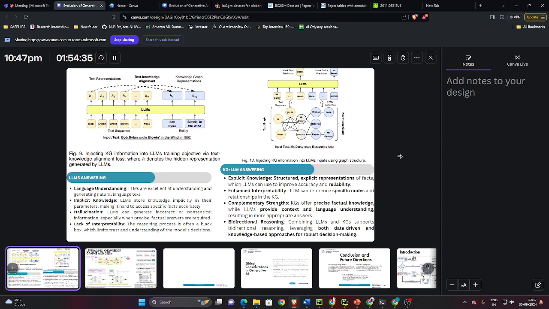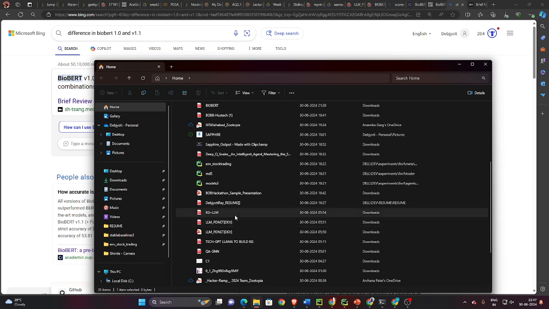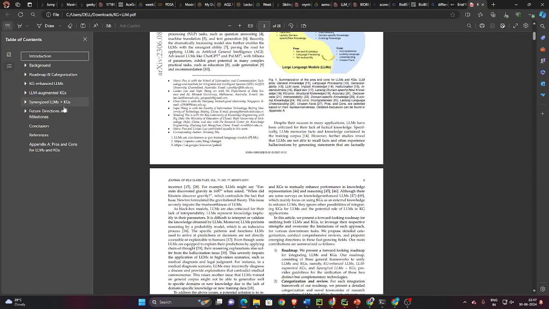We want to build a specific application which we can interact with more like ChatGPT, but it will be more focused on biomedical research, and it will provide a knowledge graph type of visualization.